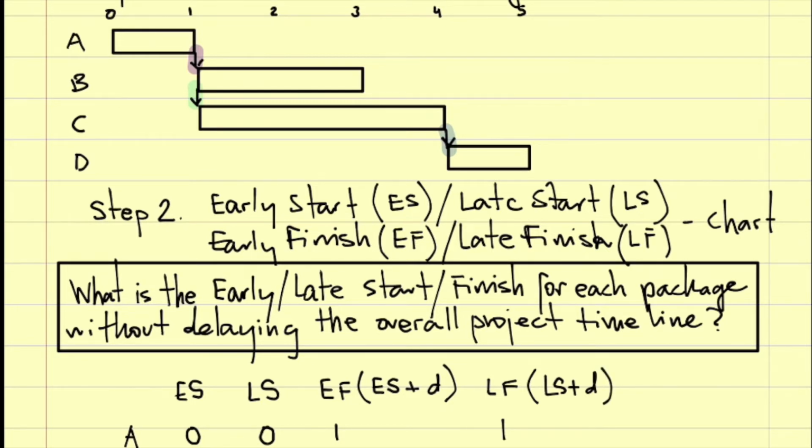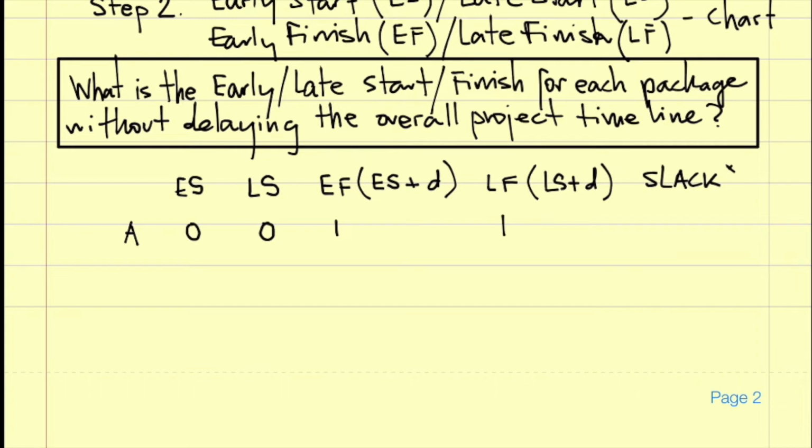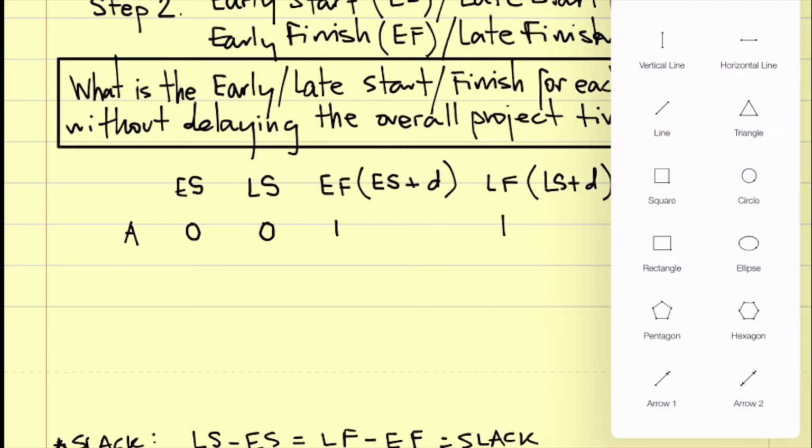Okay? So we say the slack of the work package, let me paint here the formula. The slack of the work package is late start minus early start equals late finish minus early finish equals the slack. Okay? We call it slack.